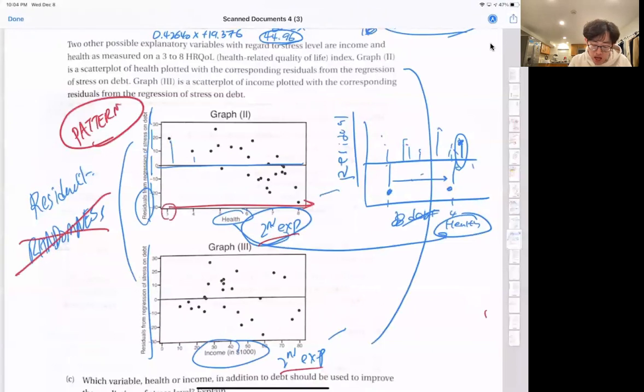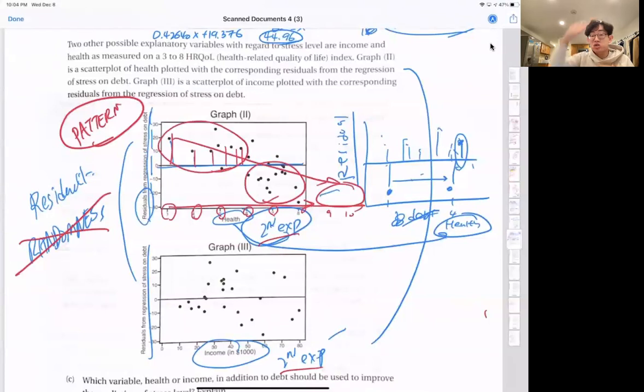For example, as health increases, the residuals seem to turn from positive to negative. So as I expect health to increase further, what can I expect? The residuals to be more negative down the road. I can clearly see that as a general trend.